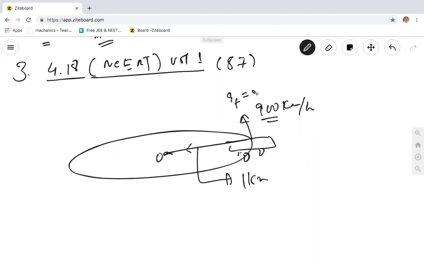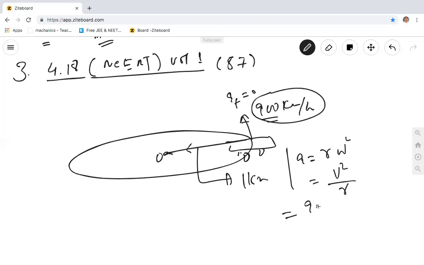Here the tangential acceleration is 0, therefore the only acceleration that it has is towards the center, that is centripetal acceleration, and that is r omega square. You can use v square by r. Here it is better to use v square by r because v is given.